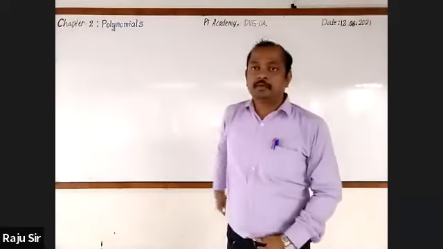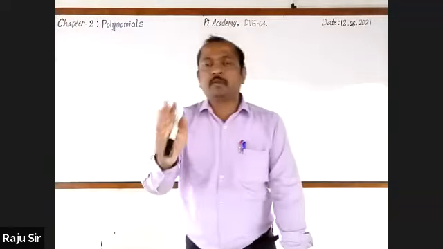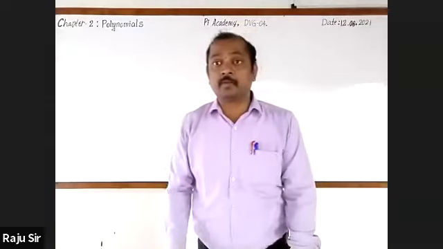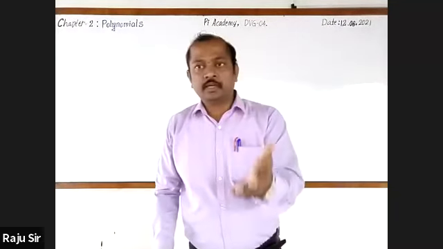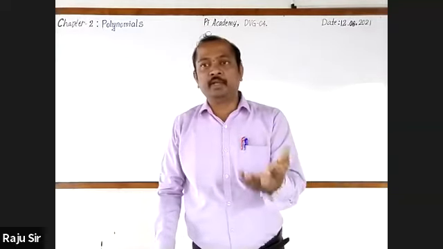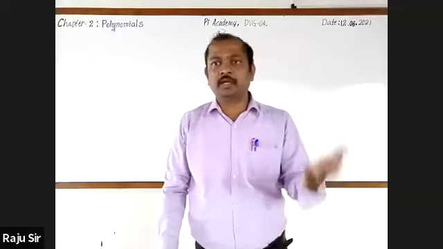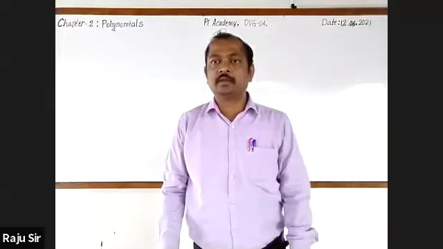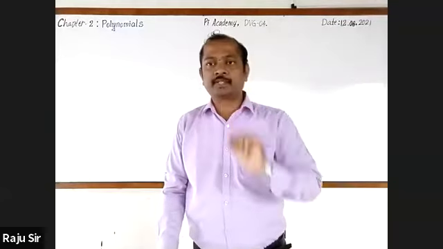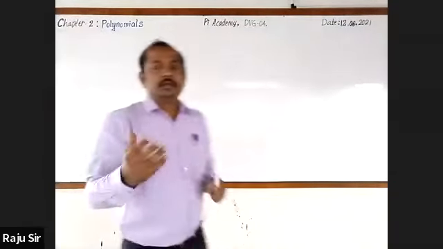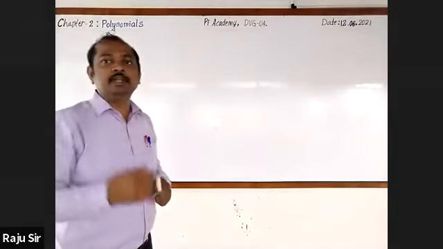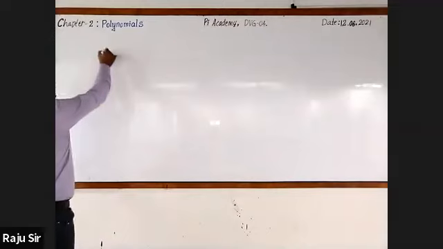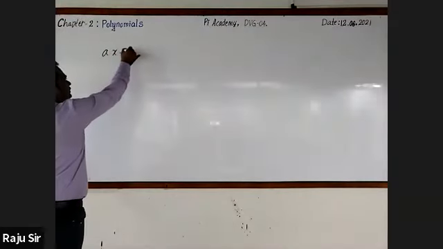Look here. Dear students, we are very familiar with the general form of linear polynomial, quadratic polynomial, cubic polynomial, then biquadratic, quintic, many are there. So let's focus on the first 3. Just to recall, the general form of a linear polynomial is ax plus b.